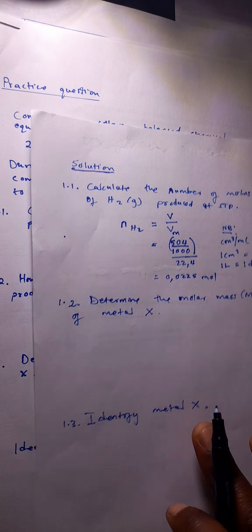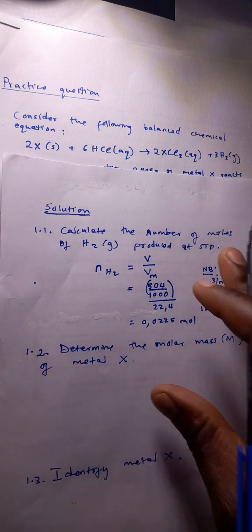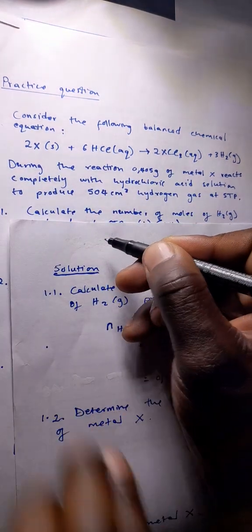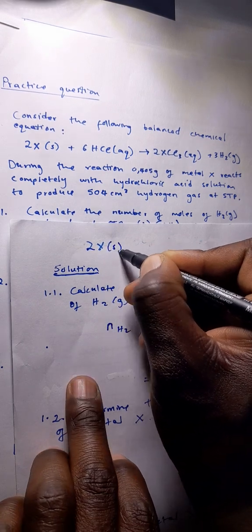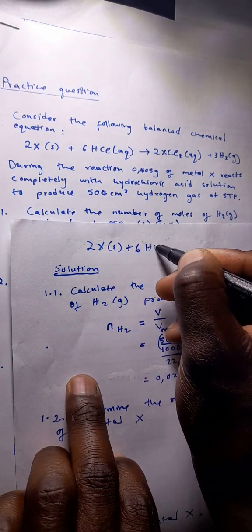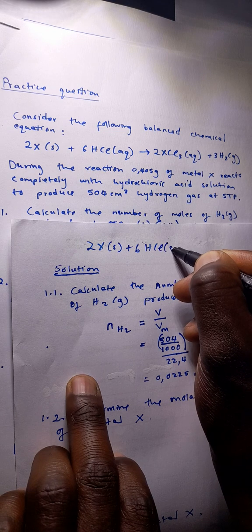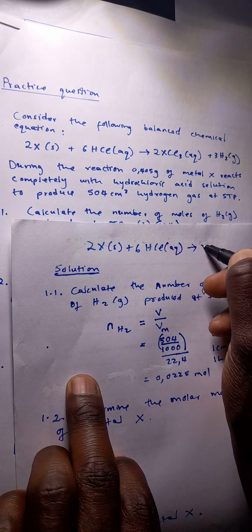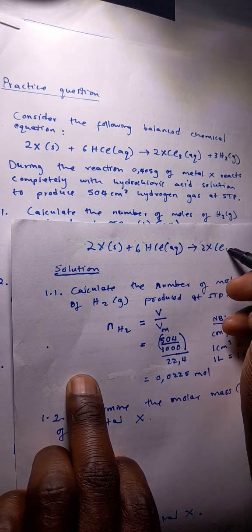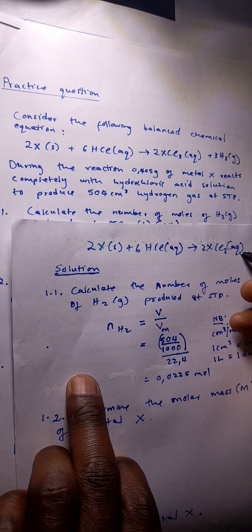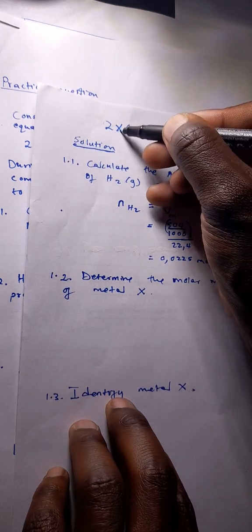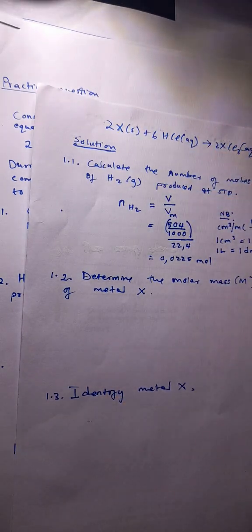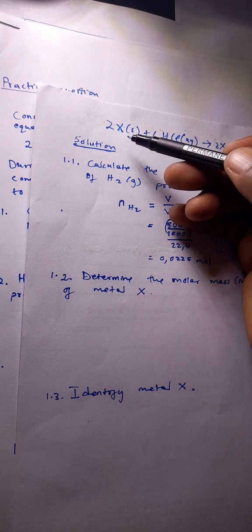Let me write the equation here so that we can remember: X solid plus 6 HCl aqueous gives 2XCl3 aqueous plus 3H2 gas. What am I given for X? I'm given the mass, so I have the mass of metal X.